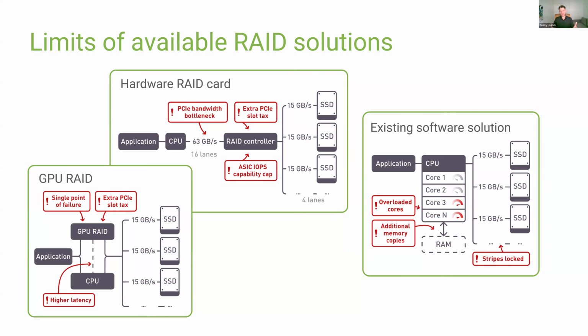What is wrong as well with hardware RAID cards? It's PCIe slot taxation, because in this case you need to use a PCIe slot for RAID calculations instead of using this PCIe slot for network.